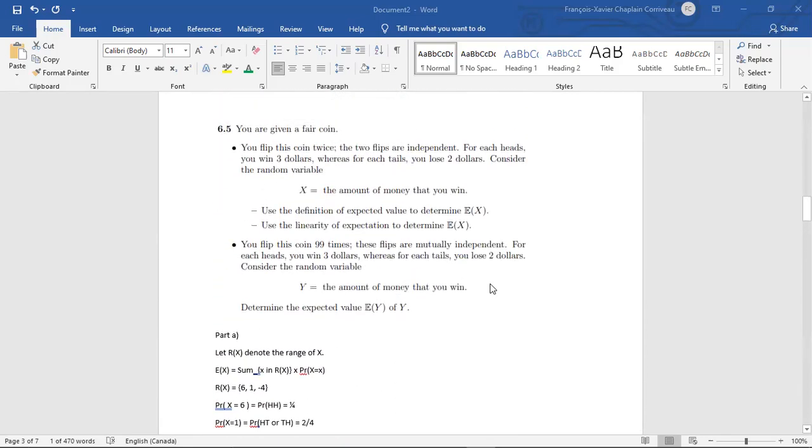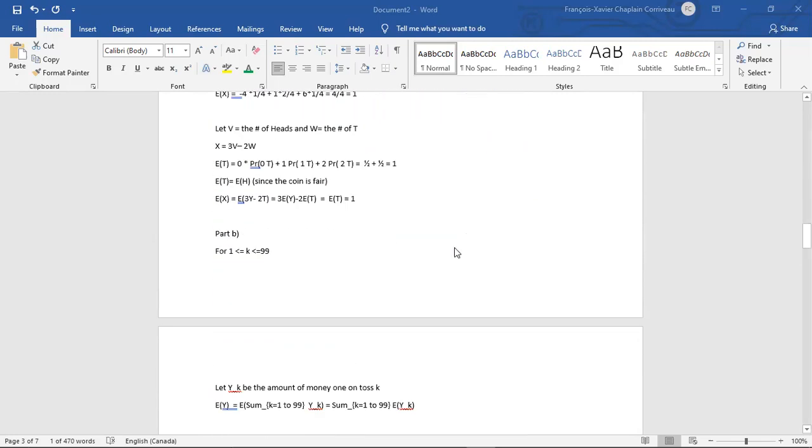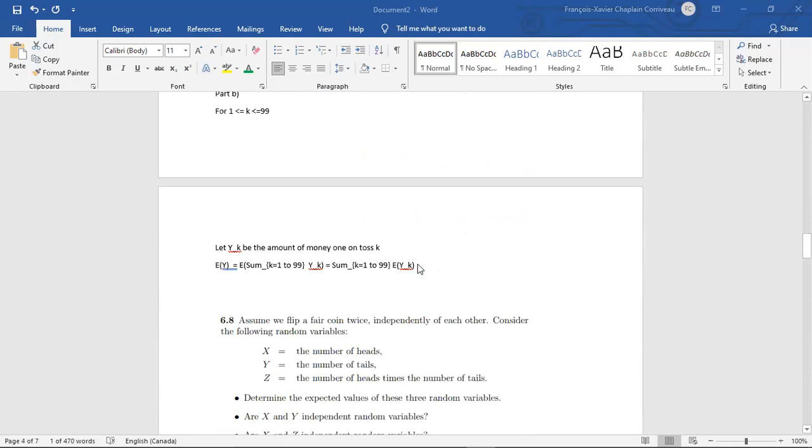Oh wait, I need to be careful. It's not exactly the same. Here we were flipping 2 coins, now we're flipping 1 coin. So what is the expected amount of money that I win on 1 toss?